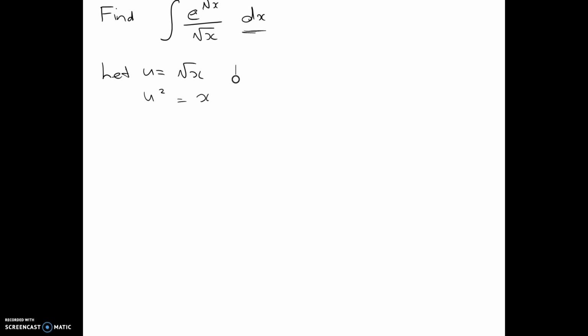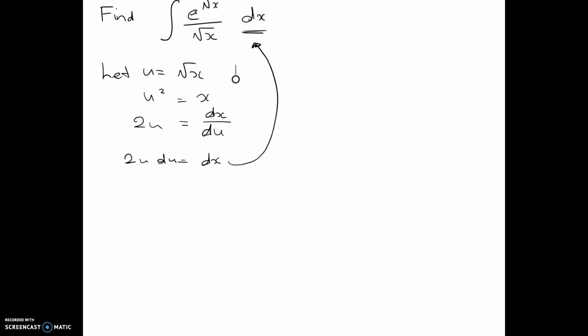Remember that in all of these examples we need to find dx, so that means that if u squared equals x, then the derivative of the left-hand side is 2u, and the derivative of the right-hand side is dx by du. And if we were to rearrange that, then 2u du equals dx.